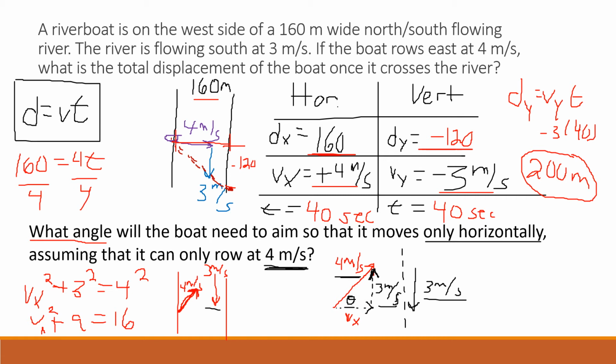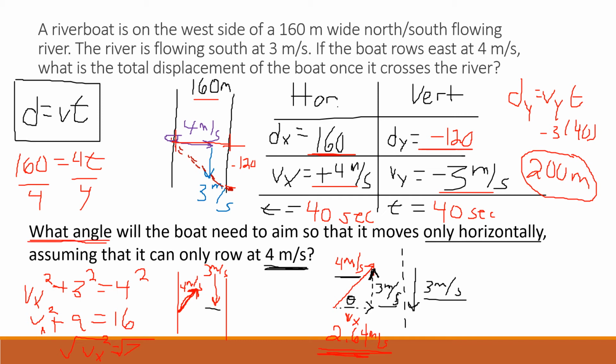Minus 9 from both sides, so that's Vx squared equals 7. So this is the square root of 7, which is 2.64. So it's now moving horizontally 2.64 meters per second, but the vertical speeds cancel out.